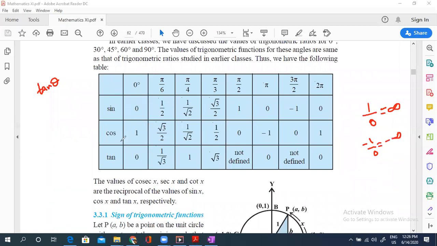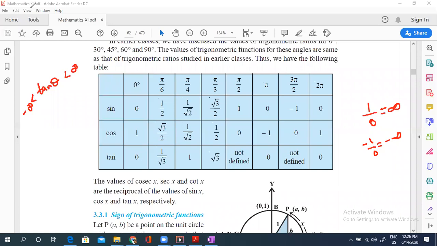So the value of tan theta lies between minus infinity and infinity. Means every value, right? Any value of tan theta is possible. Got it? So that's the range of tan theta. Minus infinity to plus infinity. Got it? Any issue in that? Tell me.